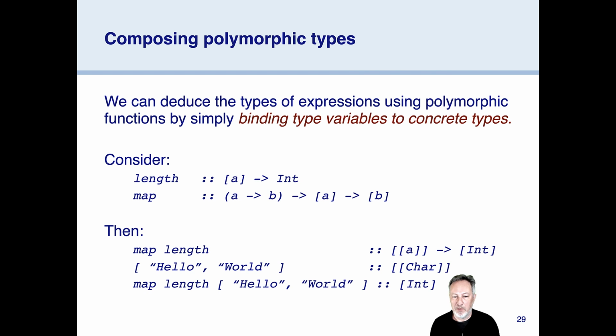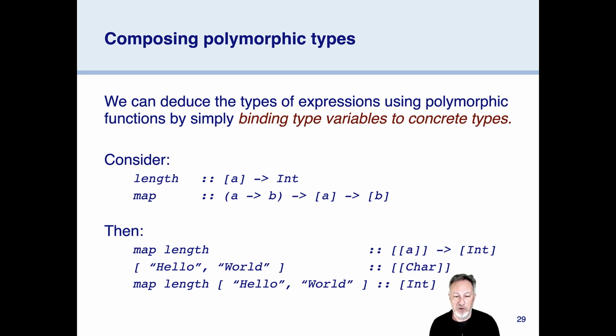So map applied to length allows us to bind the type of length to the first parameter of the type expression of map. In other words, the a arrow b is going to be unified with the type of length, which is list of a's to int. The result is then going to be the type that we see here. So map length has the type list of a's to list of int.